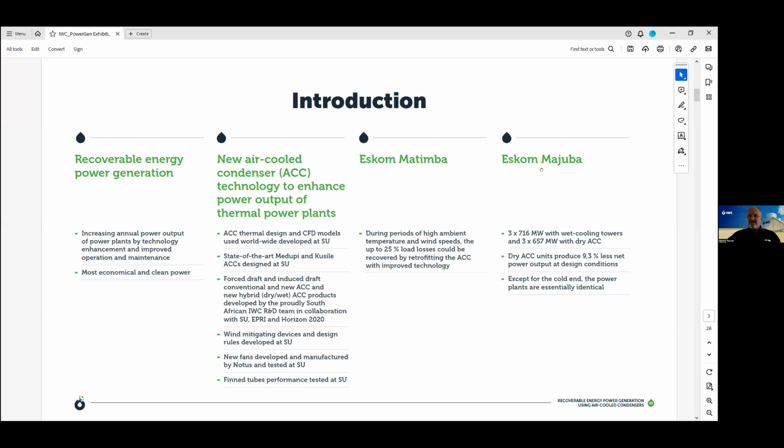Then Eskom Majuba is a very interesting power plant. Also, to illustrate a few points, half of the power plant is dry cooled and the other half is wet cooled. And one can see that there's a significant difference of about 70 megawatts per unit, just due to the type of cooling system.